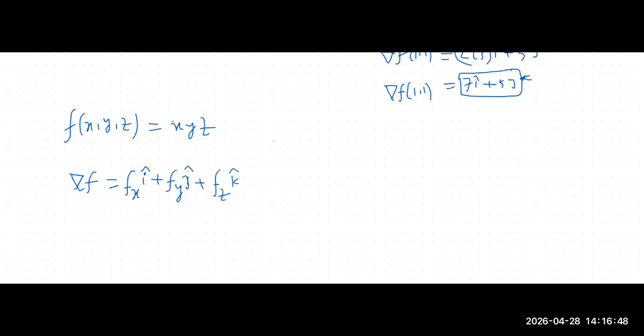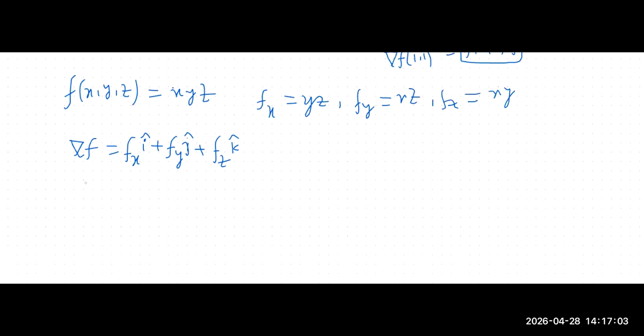So for this function, fx is yz, fy is xz, and fz is x times y. So the gradient of this function is y times z i cap plus x times z j cap and x times y k cap.